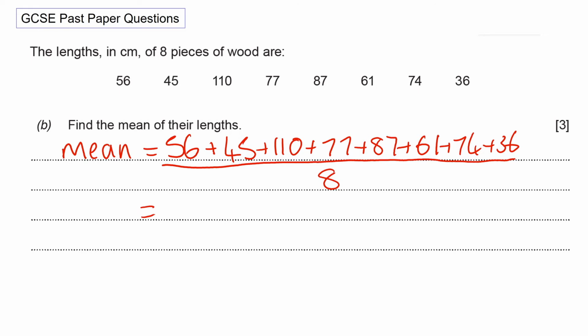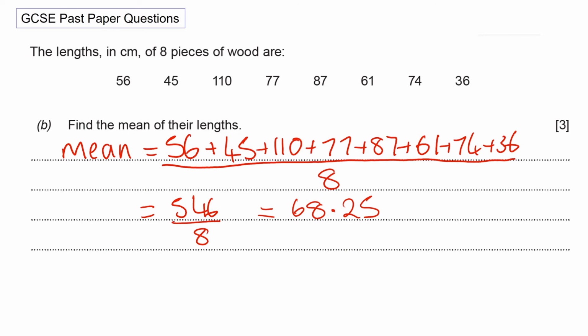We use a calculator to add them up, so that's 546 divided by 8, that's going to be our second mark. Type that into your calculator and our answer for this is 68.25. And make sure that you leave your answer like that. Do not round your answer when working with averages, please.